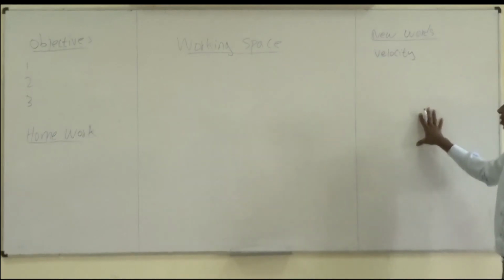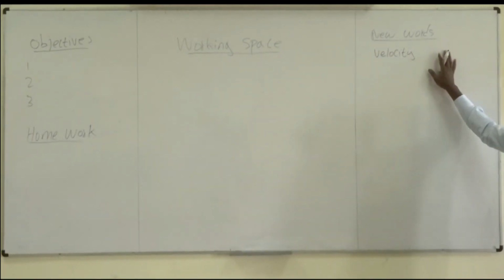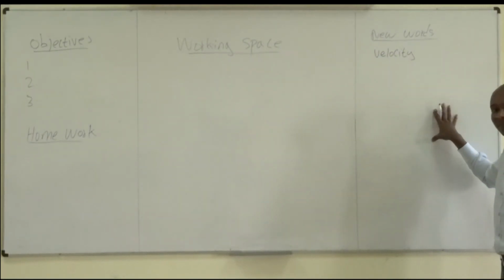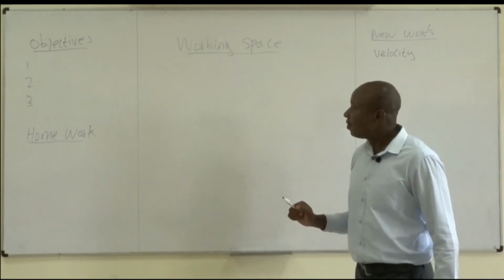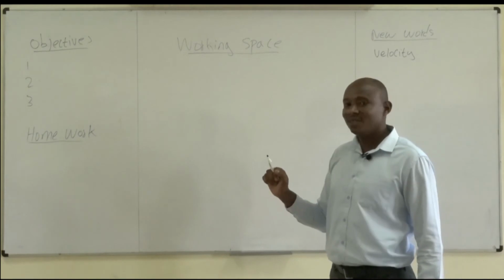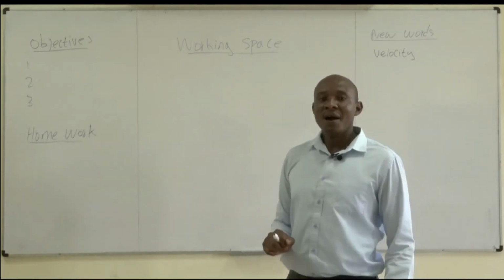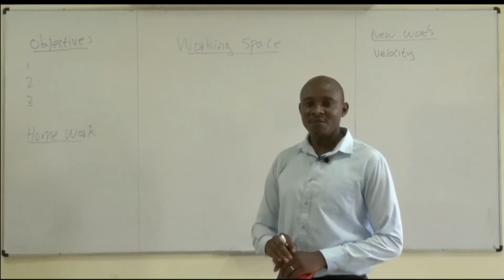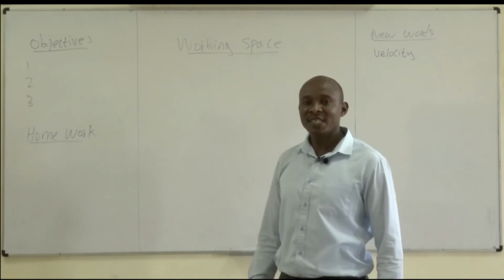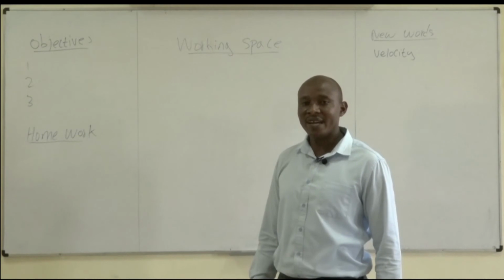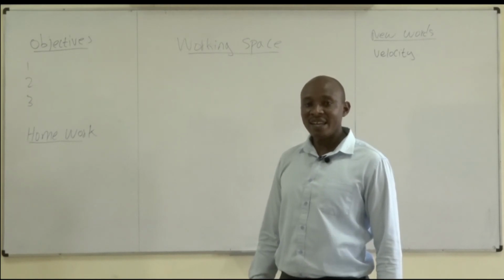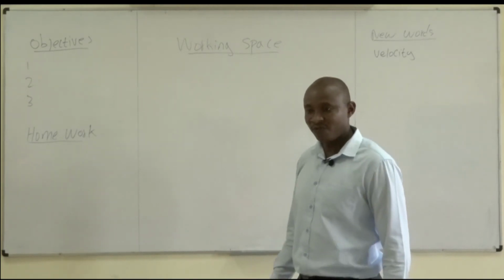Then this section, we use it to write new words, formulas, and key statements that you need the students to recall. Also, as the lesson is proceeding, mark or check the objective after establishing it has been achieved. This allows the teacher to conduct formative checks and ensure everybody is following.